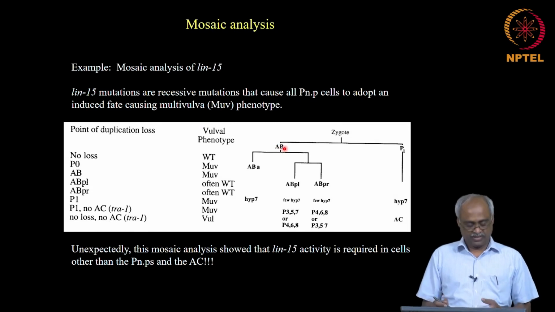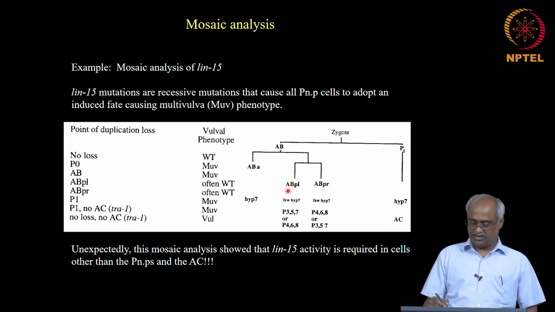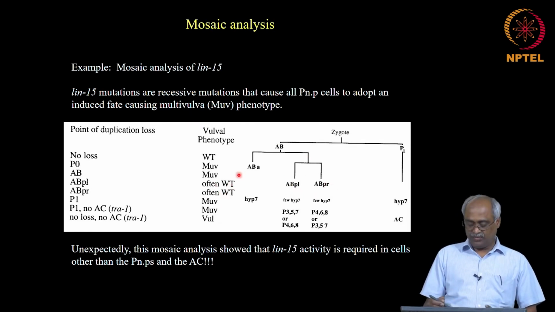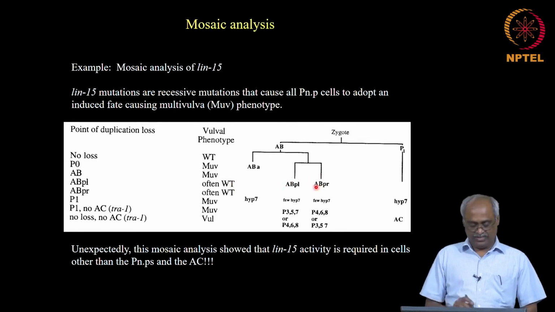Like that you go on to ABPL. AB P divides into left and right daughters, like the granddaughters would be ABPL and ABPR, and there if you lose it, oftentimes it is wild type, meaning its presence in one or the other seems to be enough.